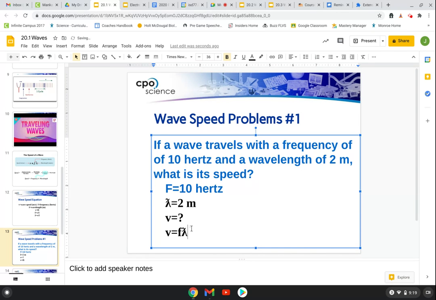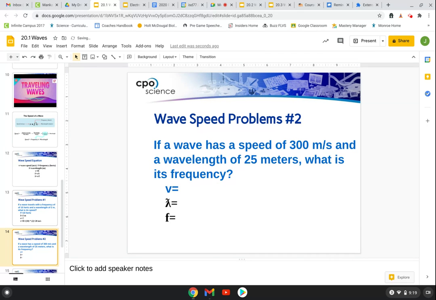I'm going to put it in. Now I'm just going to plug in my numbers. So frequency is 10 times wavelength, which is 2, which 2 times 10 is 20, and then speed is measured in meters per second. Okay? Go to problem 2.